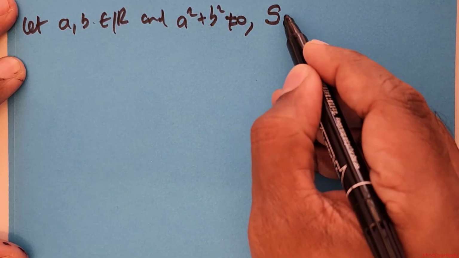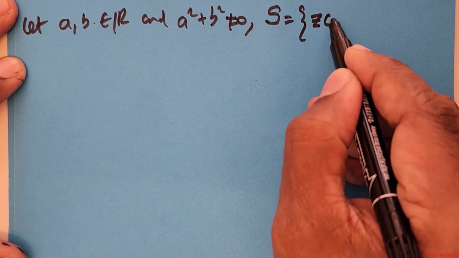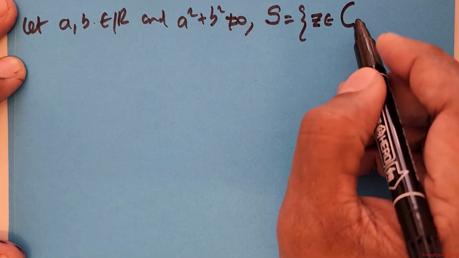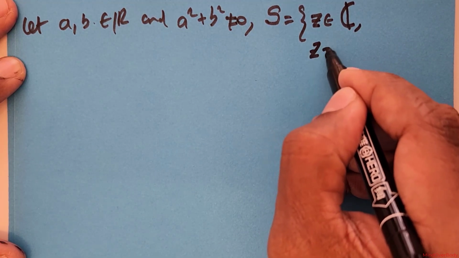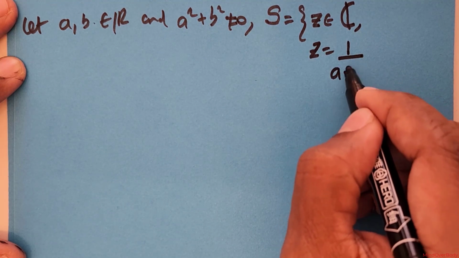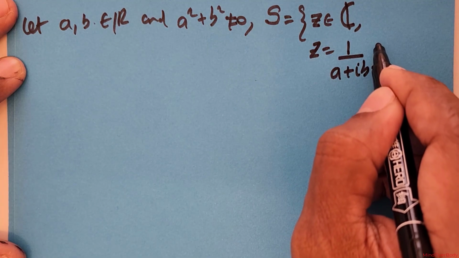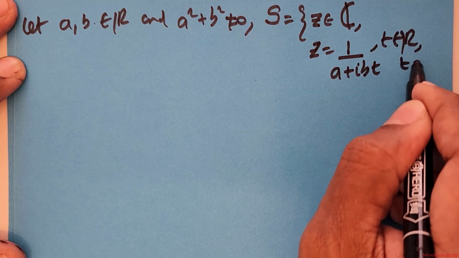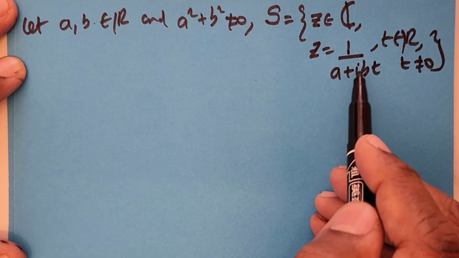Now we have a set S which is a collection of all complex numbers z of the form 1 over a plus i b t, where t is an element of the real numbers and t is not equal to 0. So this is the set which has complex numbers of this form.